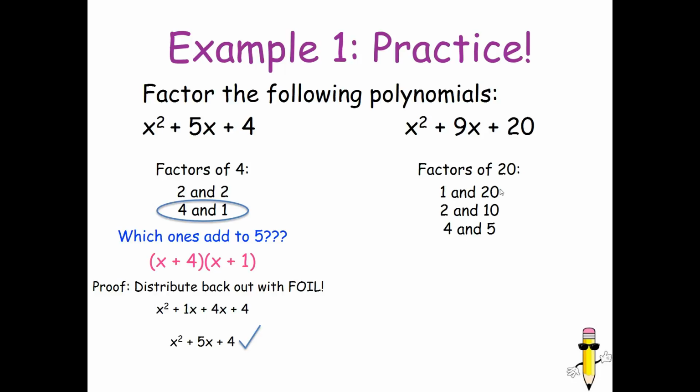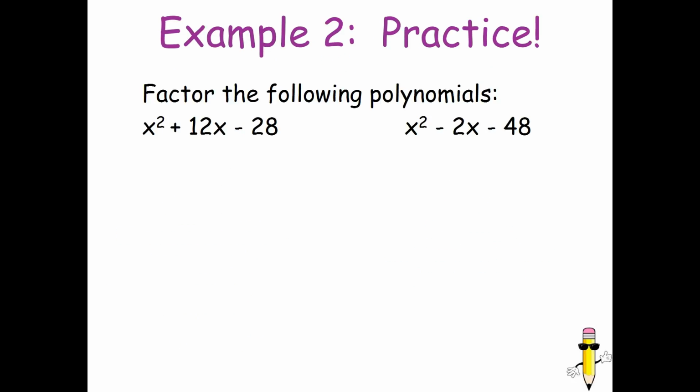These are the numbers that multiplied together give me 20, but I'm trying to figure out what would also give me 9. 2 and 10 will give me 12, 1 and 20 would give me 21, but 4 and 5 would actually give me 9, so I'm thinking that's my number. So I would rewrite that as x plus 4 and x plus 5. And then again, if you wanted to check, you could use the FOIL method, like I didn't cover on the other one, but that's up to you.